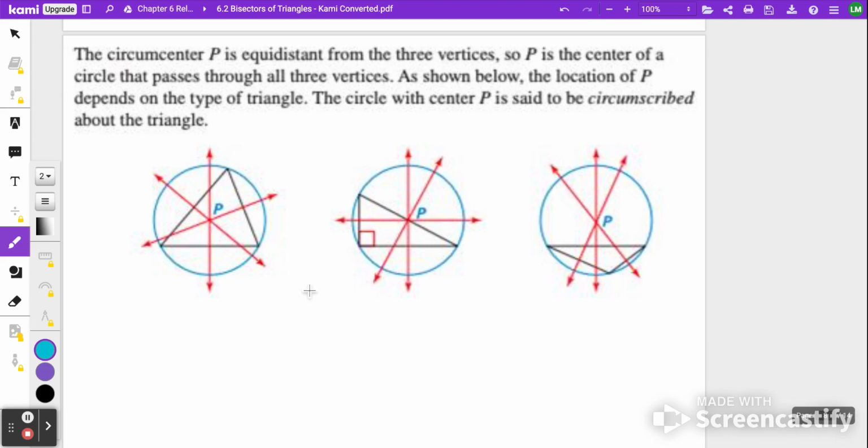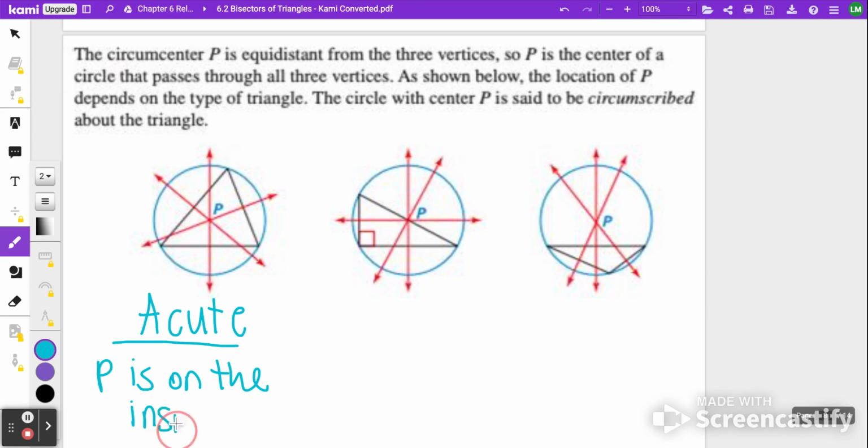Okay, so we have 3 separate types of triangles here, so we're going to talk about what each one looks like. The first one is an acute triangle, and we know that because P is on the inside of the triangle.